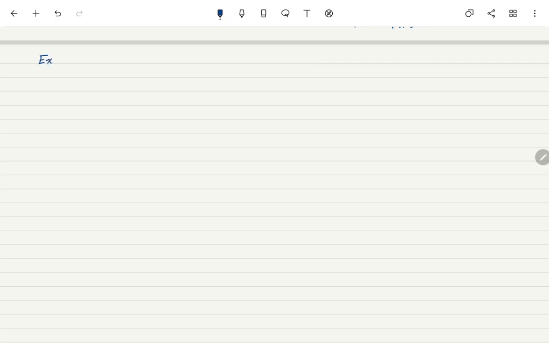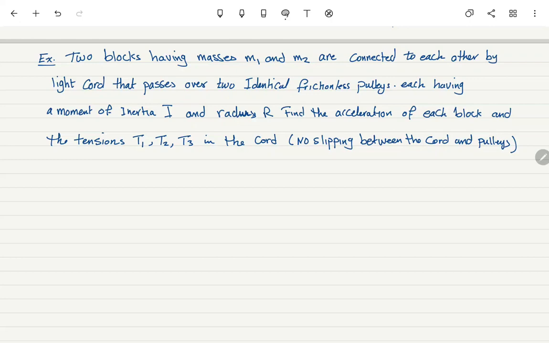Example: two blocks having masses M1 and M2 are connected to each other by a light cord that passes over two identical frictionless pulleys, each having a moment of inertia I and radius R. Find the acceleration of each block and the tensions T1, T2, and T3 in the cords. No slipping between the cord and the pulleys. Let's draw the situation.